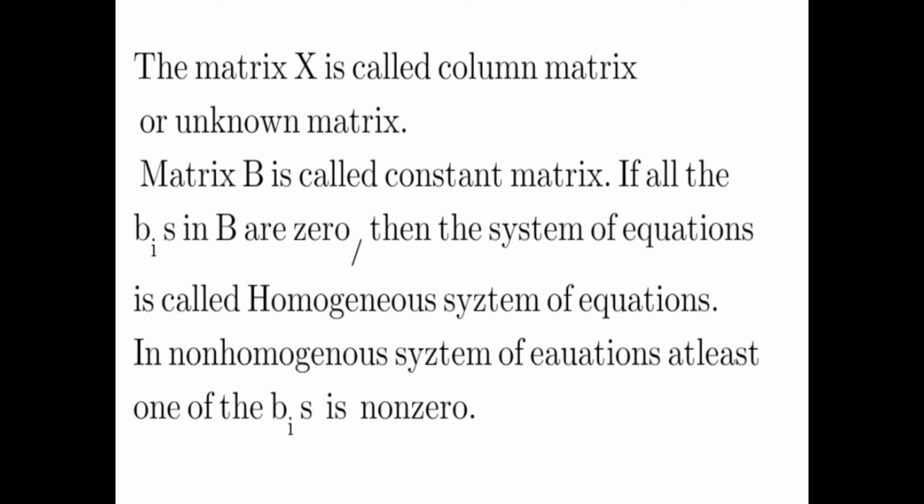The set of values for the unknowns or the variables x1, x2, xn, which satisfies all the equations in the system of equations, is called a solution of the system of equations.